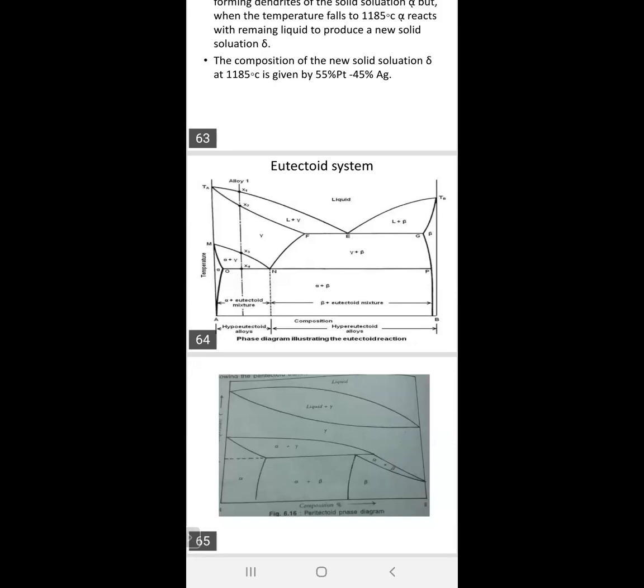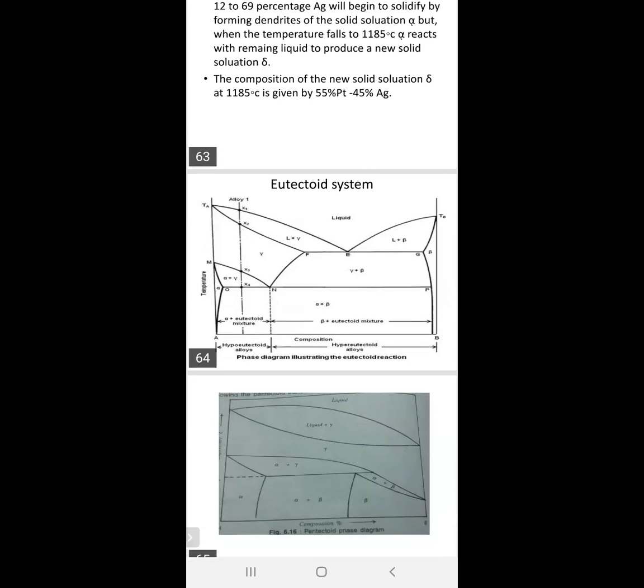Peritectoid means two solids give one solid. The two solids are different, and they transform into a new, different solid. Are you able to understand?